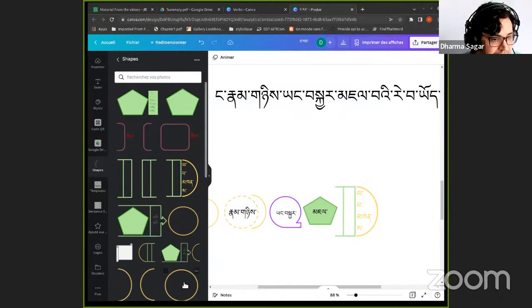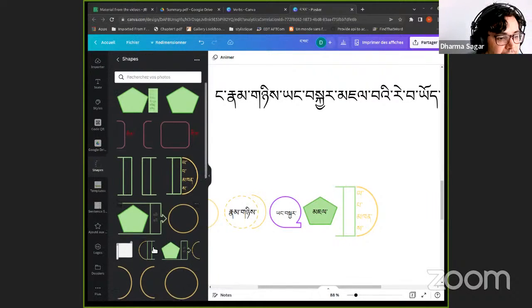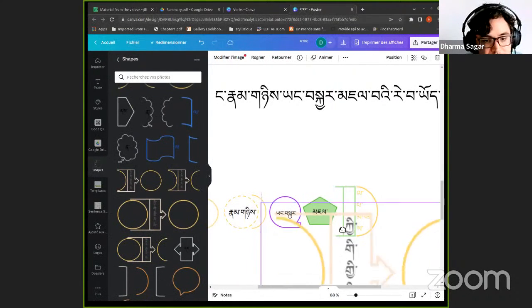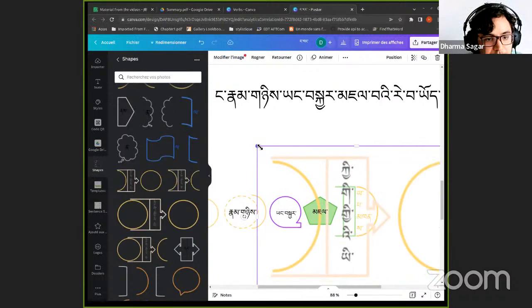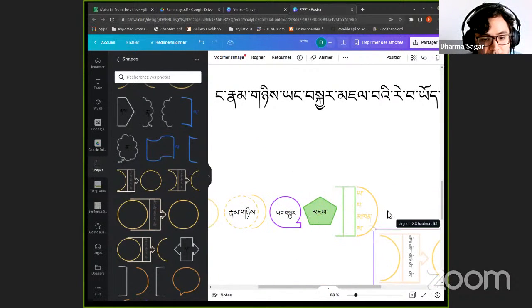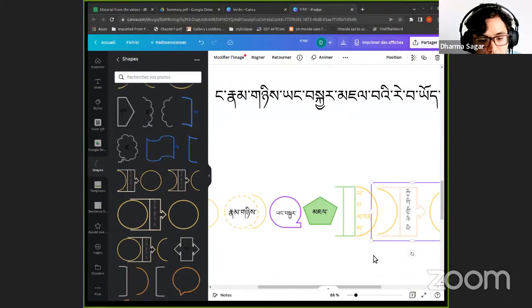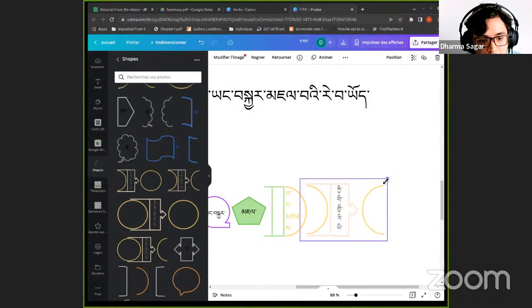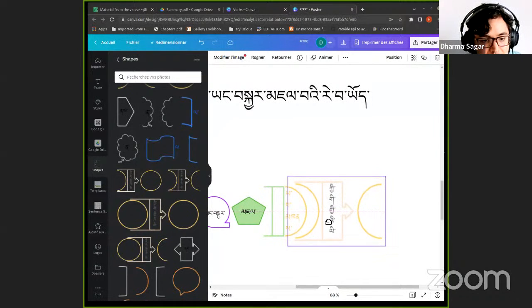So once we have this thing, what we can do is take that structure, the same that we had before. Let's make it a little bit bigger so that it fits inside here.